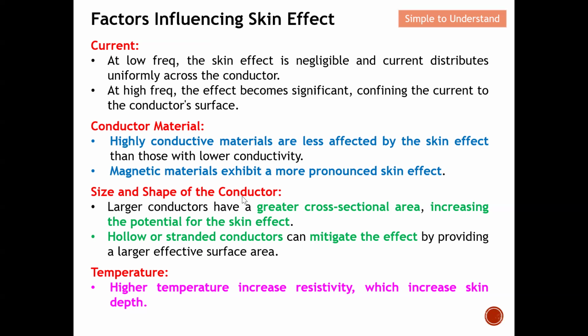Size and shape of the conductor: in short, we want to make it hollow because current doesn't like to flow at the center of the wire. So why not make a hollow or strand conductor to mitigate the effect? We also want to avoid high temperature, because the higher the temperature, the higher the resistance value, which indirectly also has some effect on the skin depth.